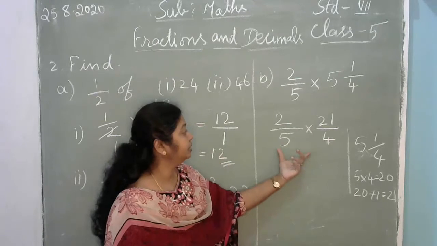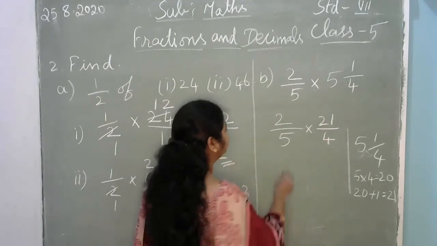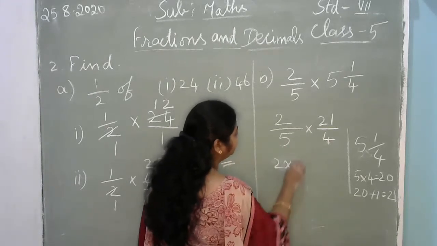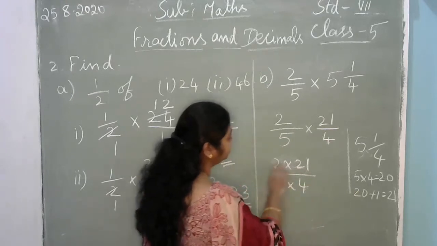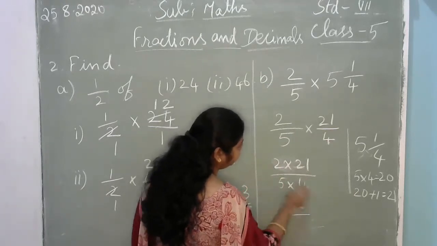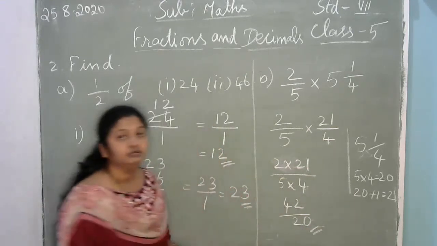And 2 into 21 is how much? 42. See here, 2 into 21 divided by 5 into 4. 2 into 21 is how much? 42. 5 4s are 20. So this is your final answer.